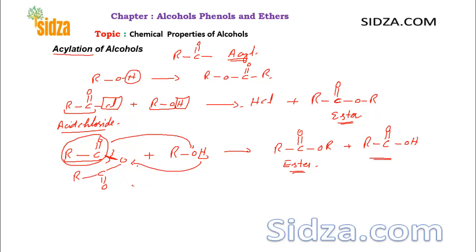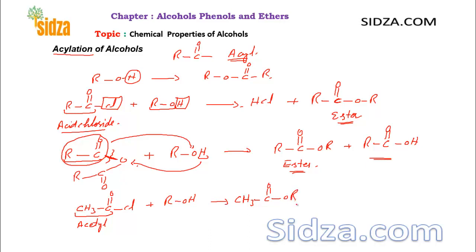And if you have an acetyl group, suppose you have CH3 C double bond O Cl, this group is called an acetyl group, when it is CH3CO. So if you react this molecule with the alcohol, you get an ester, with the formula CH3 C double bond O and OR.